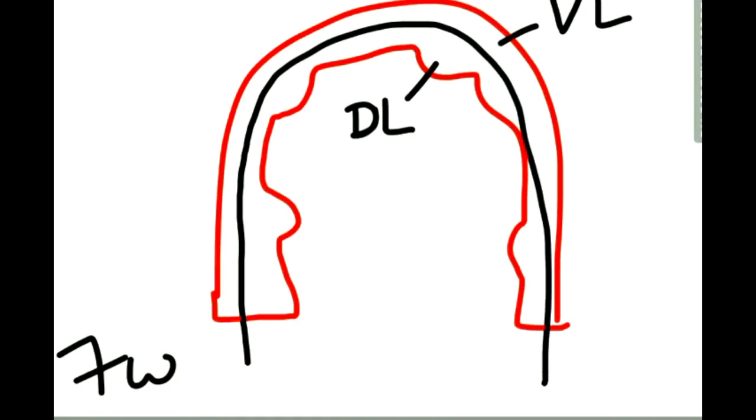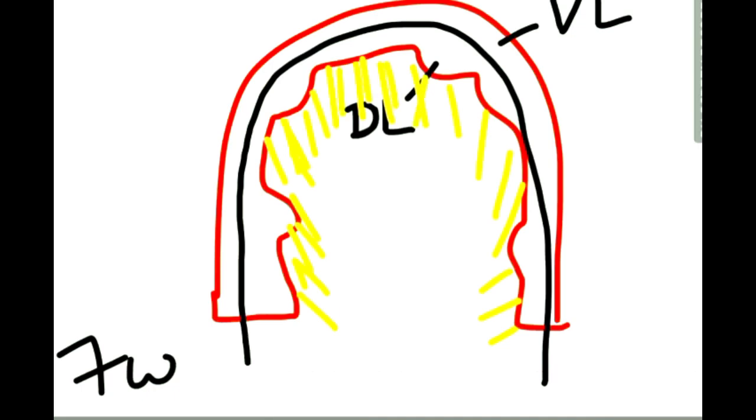Now, the question arises, where do the permanent teeth arise? There is also a lingual extension of the dental lamina and this is called the successional lamina. This successional lamina gives rise to the permanent incisors, canines and premolars.